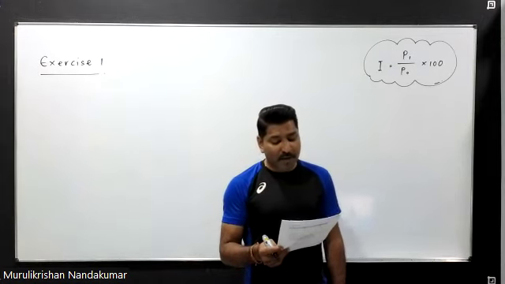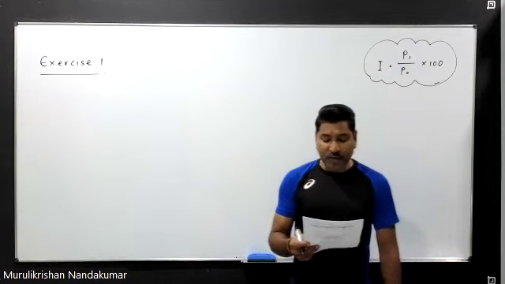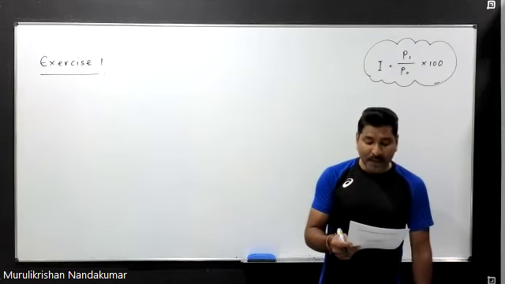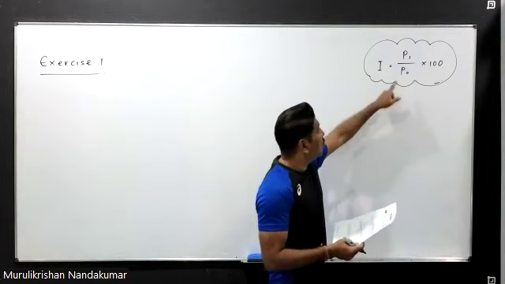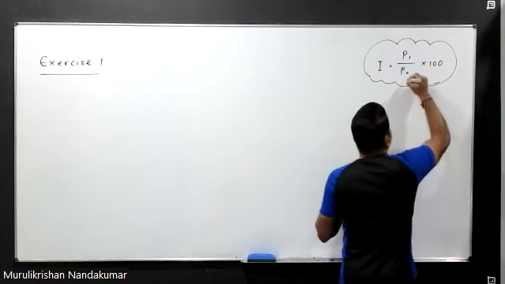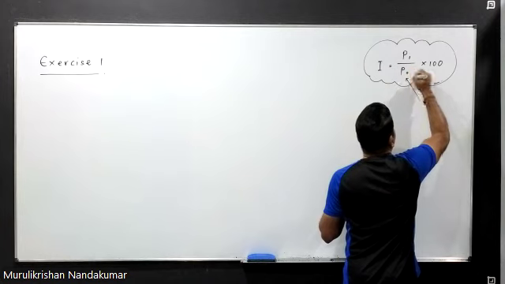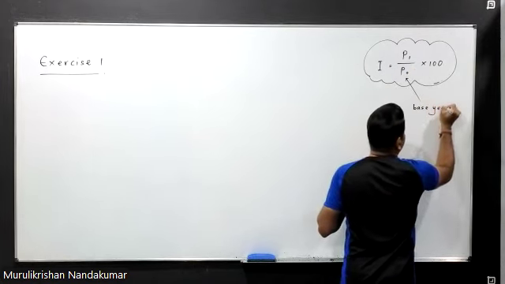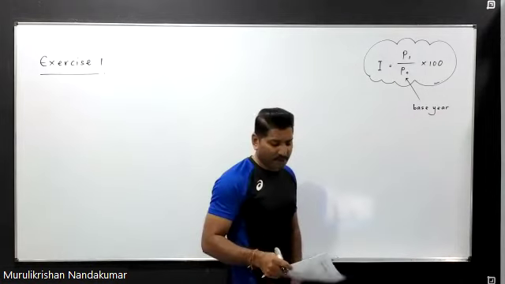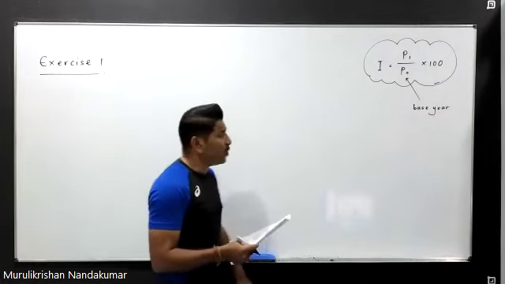Find the price index of the sauce for the year 2011, base 2010. Guys, when they say base, you should put that down here. This is your base. Yang bawah ni dipanggil base. The base should be at the bottom.